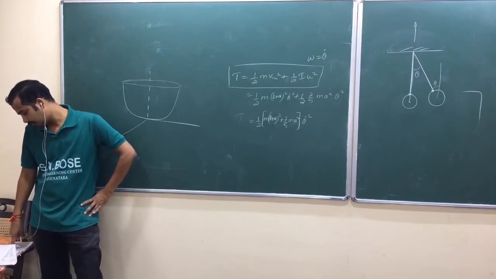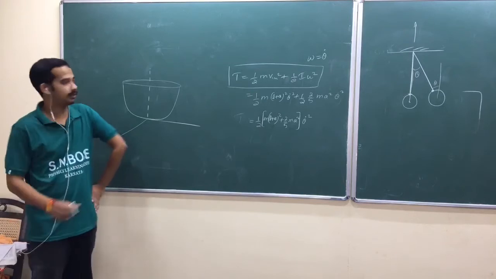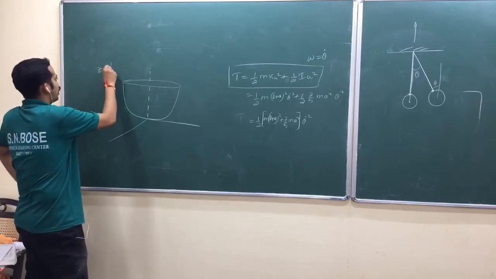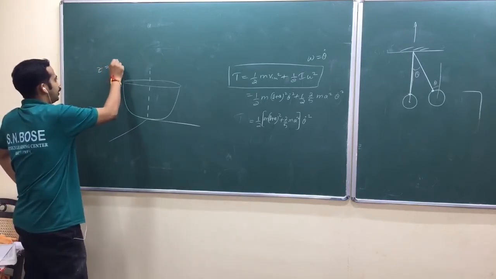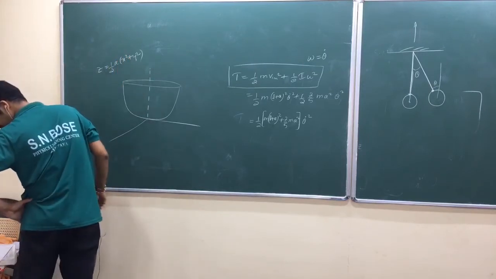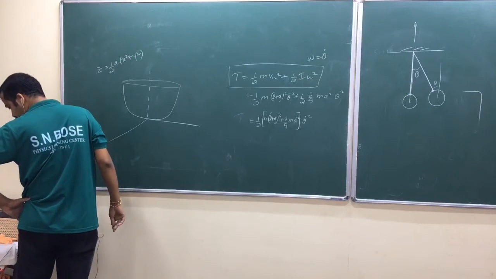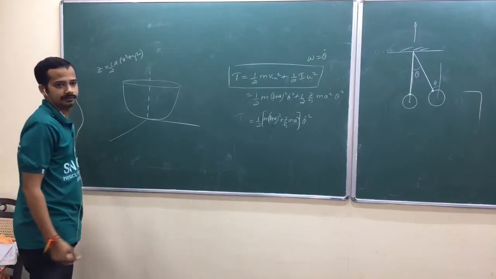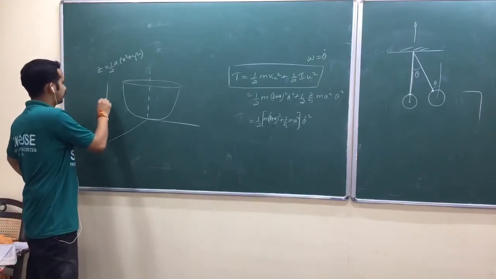If the surface of the bowl is given by the equation z is equal to half a into x square plus y square, where a is a constant, what is the Lagrangian? Again, you have to take gravity into account.